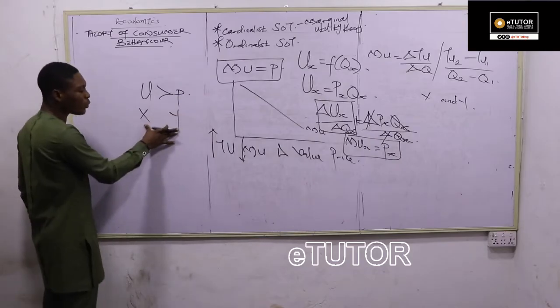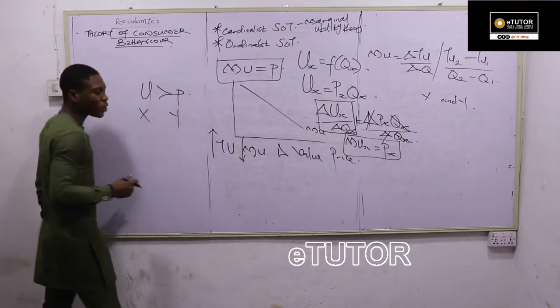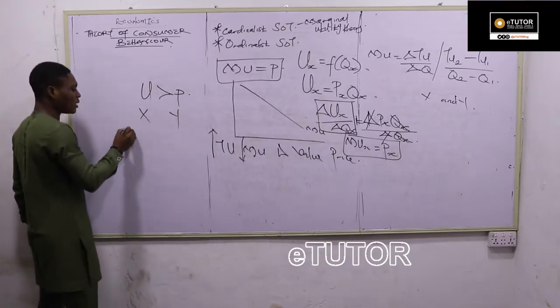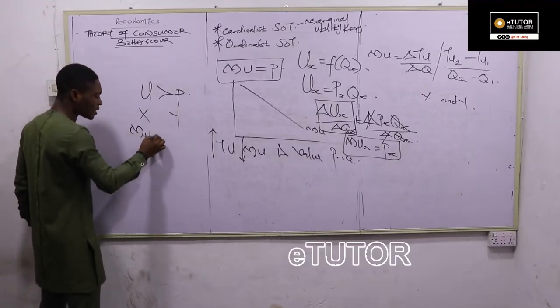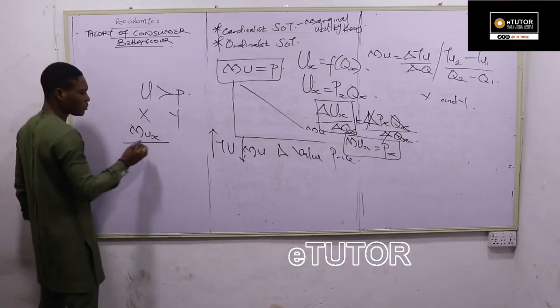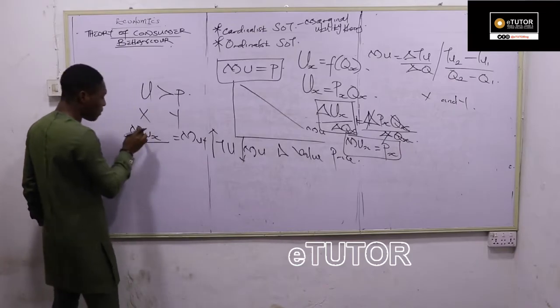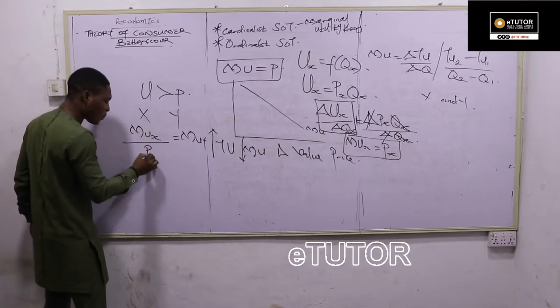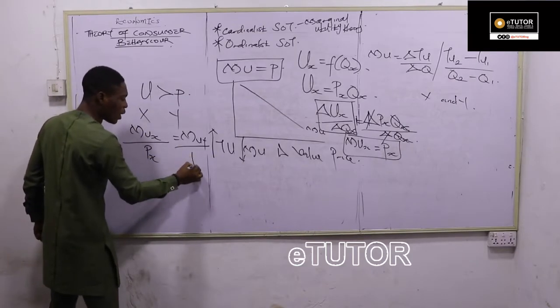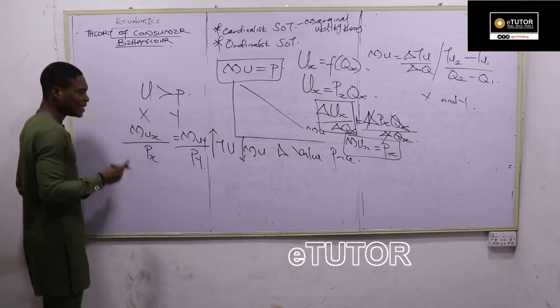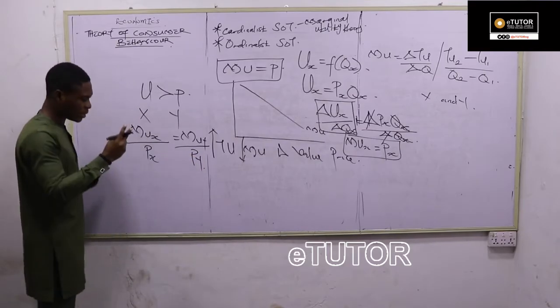The consumer's equilibrium based on the cardinalist assumption theory is that the marginal utility of x over price of x equals the marginal utility of y over price of what? Y. This is for two commodities.